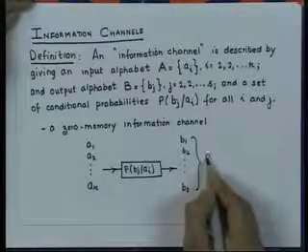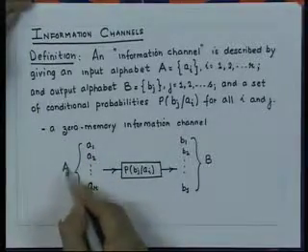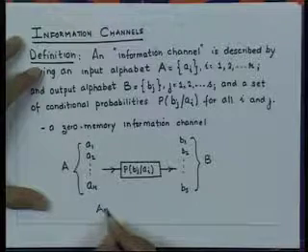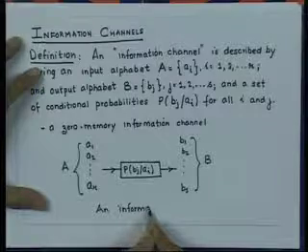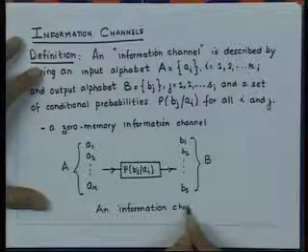This is your output alphabet B, this is our input alphabet A, and this we can say is an information channel.